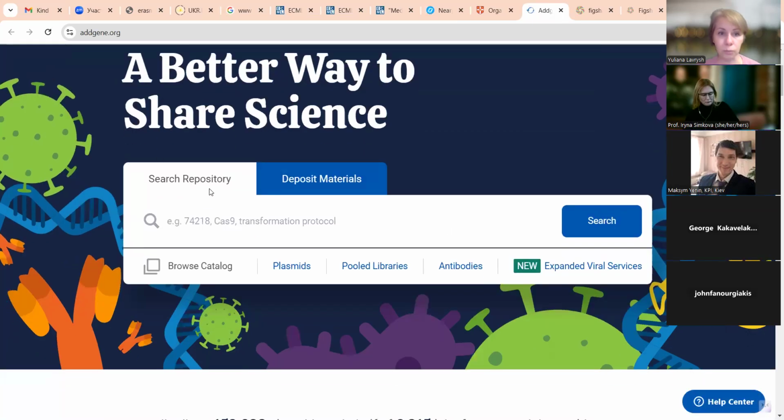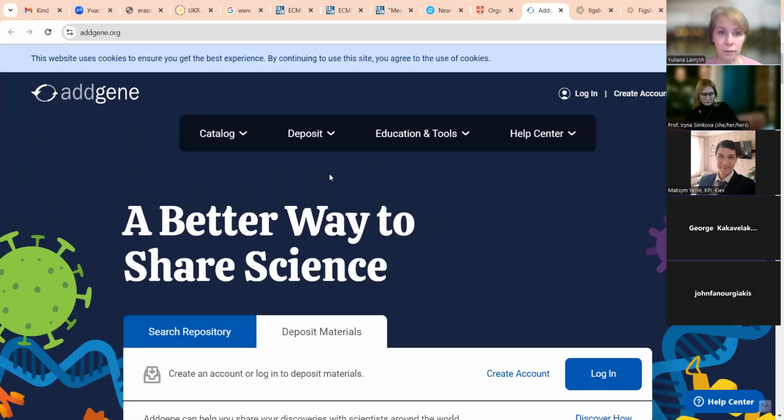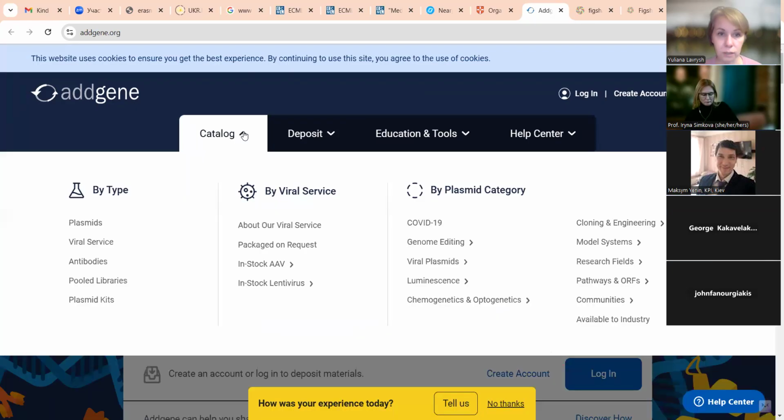For example, search a repository or deposit materials, you can create an account and keep your materials, some kind of formulas, maybe here in this kind of repository. Here is a catalog and you can find whatever you want, I mean, just related to a specific study, specific science.